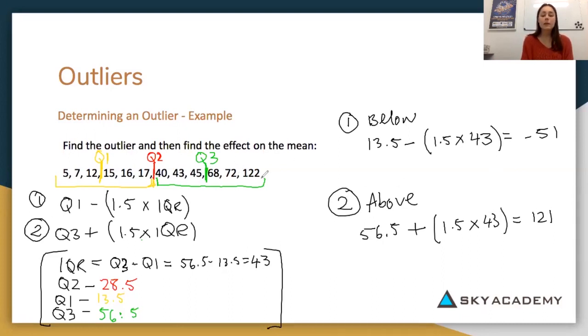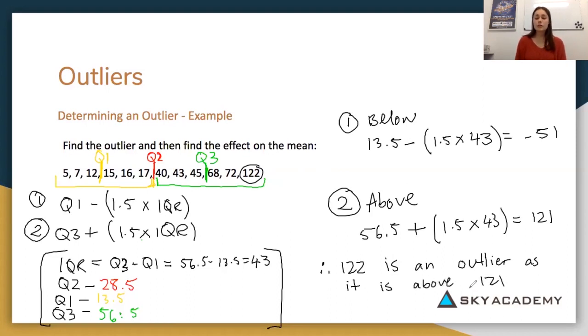And if we have a look, we have 122. So therefore, 122 is an outlier because it lies above our cutoff of 121. Anything above that is an outlier.